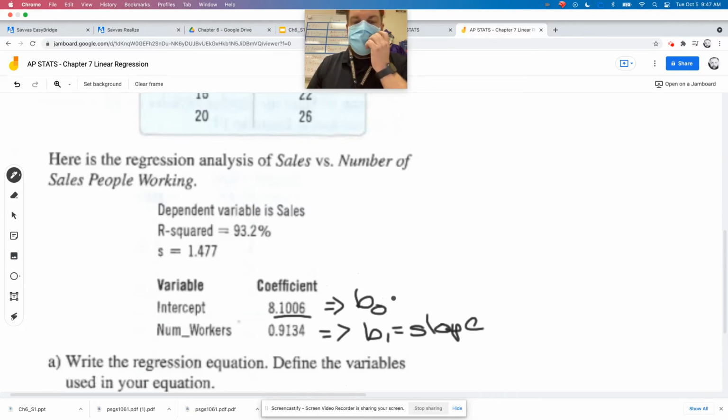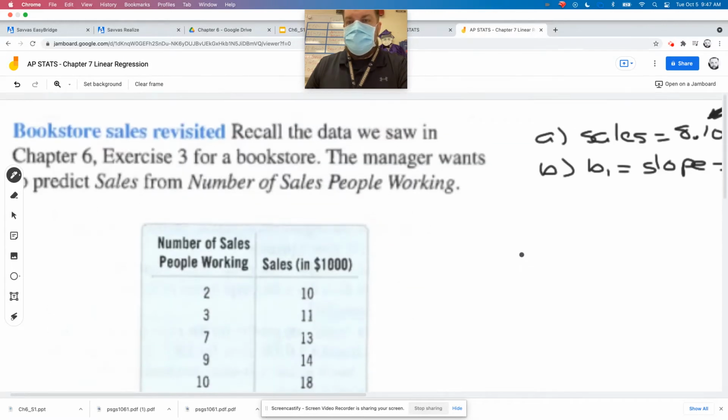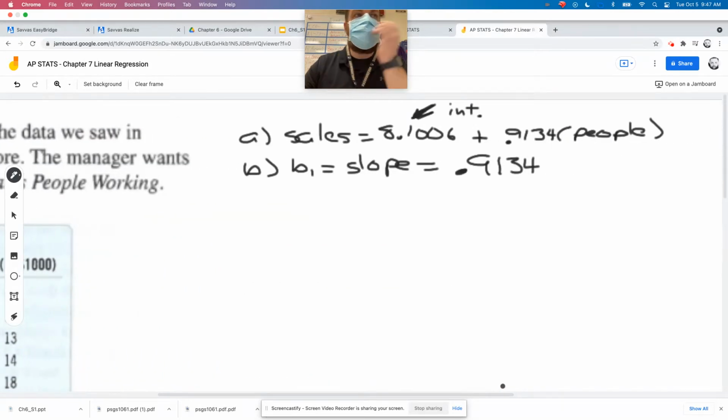And part B, it says, what does the slope mean in the context? So we know what the slope is, but what does it mean? You could put it in your own words. So you would say in thousands.